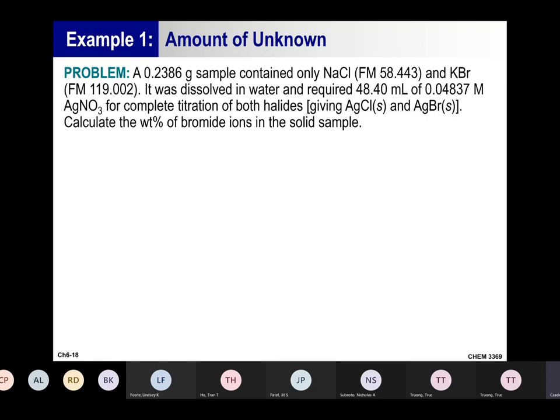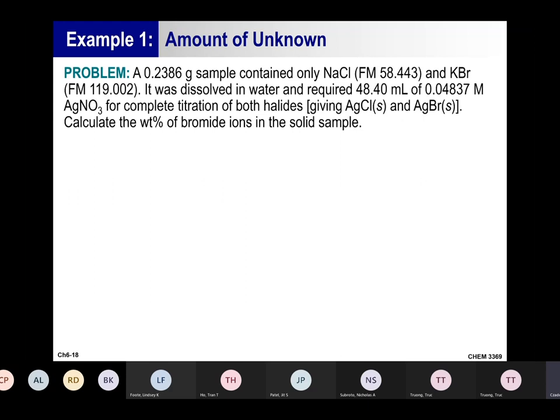Okay, so let's take a look at this example. We have a sample that contains sodium chloride and potassium bromide, okay?